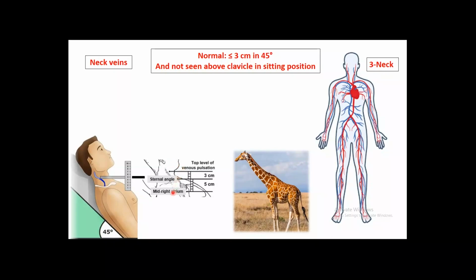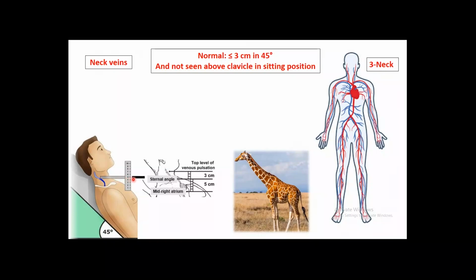So how do we measure the jugular venous pressure? The patient is seated at 45 degrees. To get the mid level of the right atrium, we take the point 5 centimeter from the sternal angle, and then take two rulers, one perpendicular to the sternal angle and one horizontal to the upper level of the seen jugular venous pulsation.